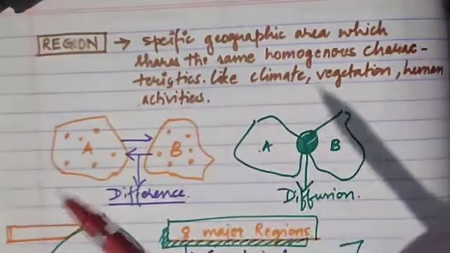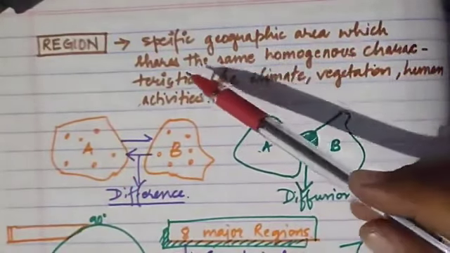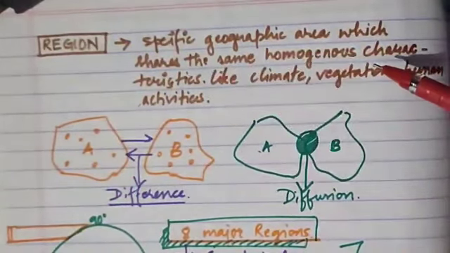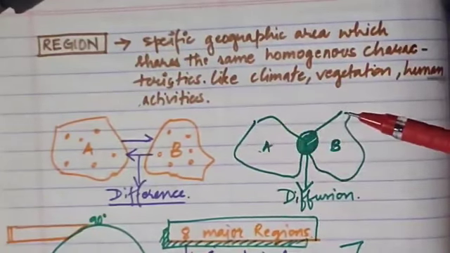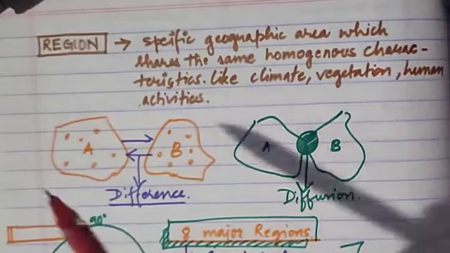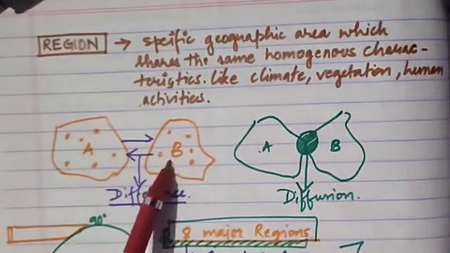So what is a region? It is a specific geographic area which shares the same homogeneous characteristics, like the climate, vegetation and the human activities. Understood? Now for example, if you see place A and place B, these are two different places.